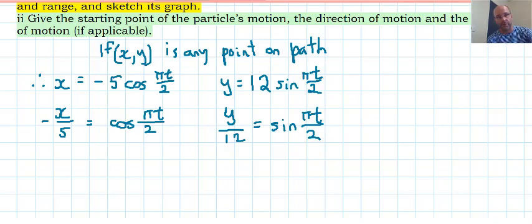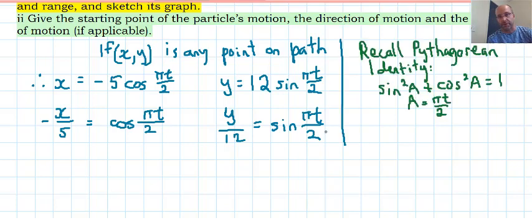Now these sort of situations usually involve a trig substitution or a trig identity in particular. So this one will be the Pythagorean identity. So there's the Pythagorean identity there, sine squared a plus cos squared a equals 1. In this case, a, the angle, or the real number, is pi t over 2.